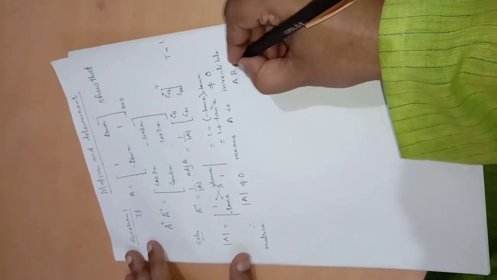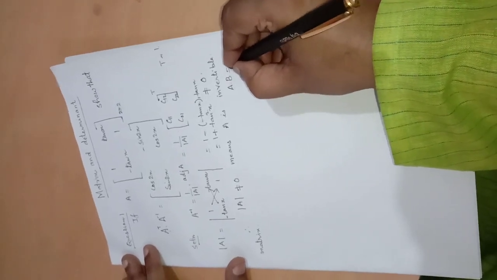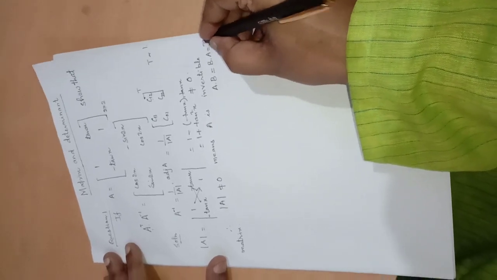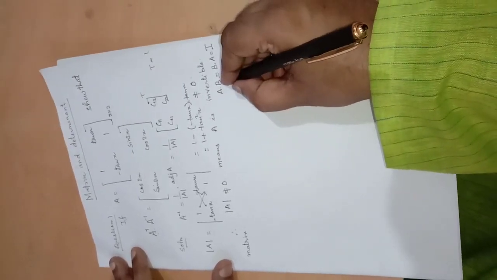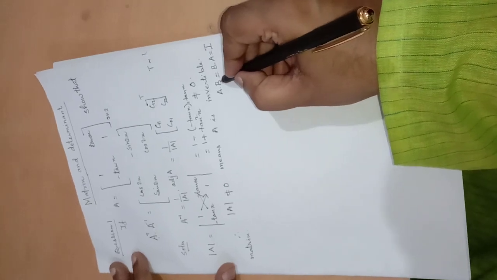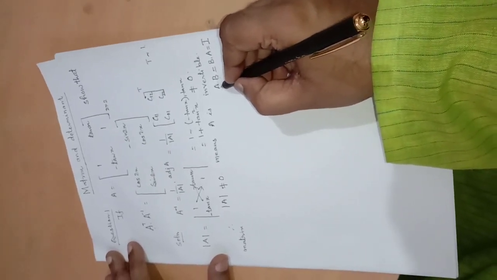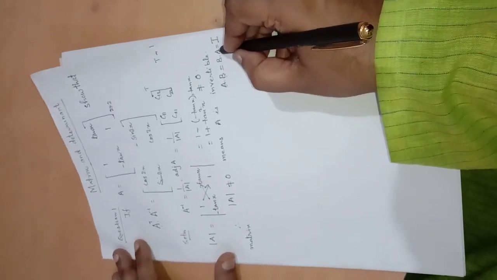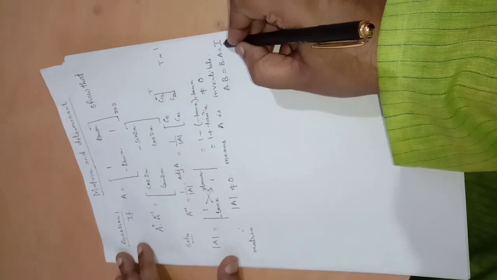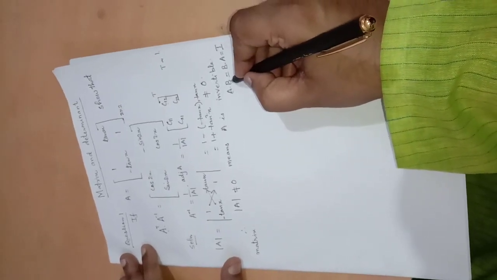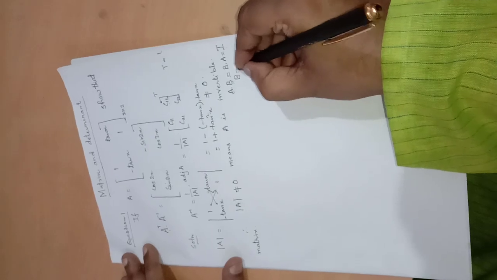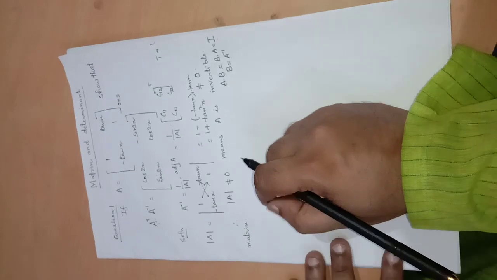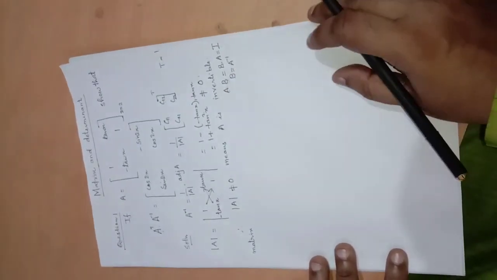A dot B, meaning their multiplication, or B dot A, if it is equal to the identity matrix of the same order, then B is the inverse of A. B is equal to A inverse. We will discuss what the inverse of a matrix is in another topic.